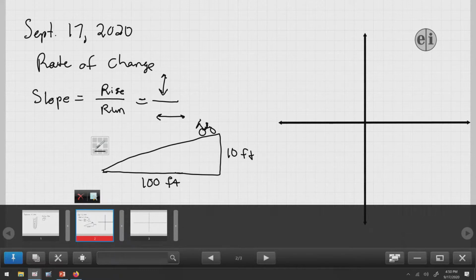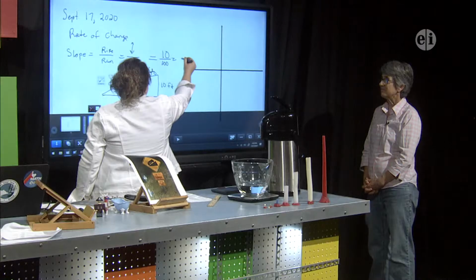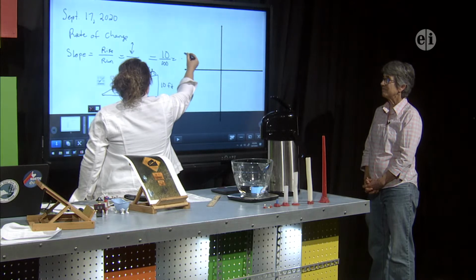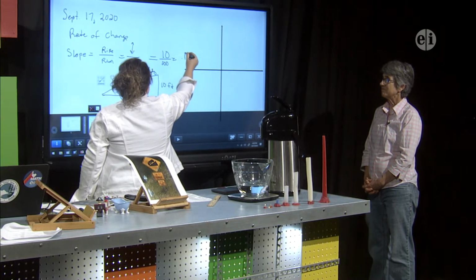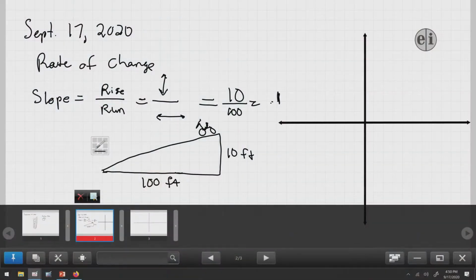And if I divide those, my 10, which is my rise, over 100, I get 0.1 or 1/10. And then do you remember how to change decimals to percents?